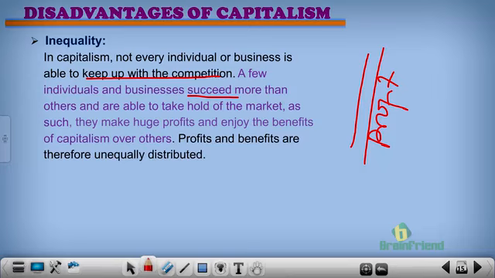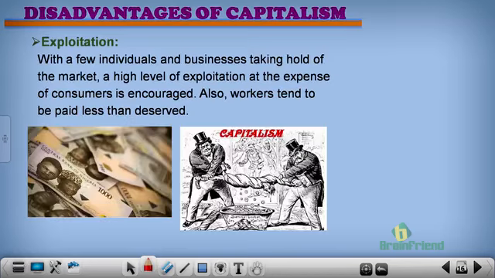But in capitalism, some people could be very high up there with huge profits and enjoy the benefits of capitalism, while others may not be known, and so they might be low there. So profits and benefits of capitalism at this point show that they can be unequally distributed.